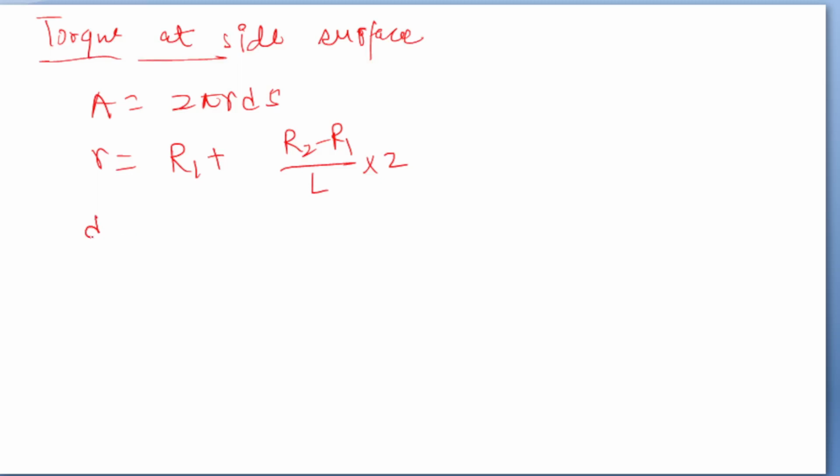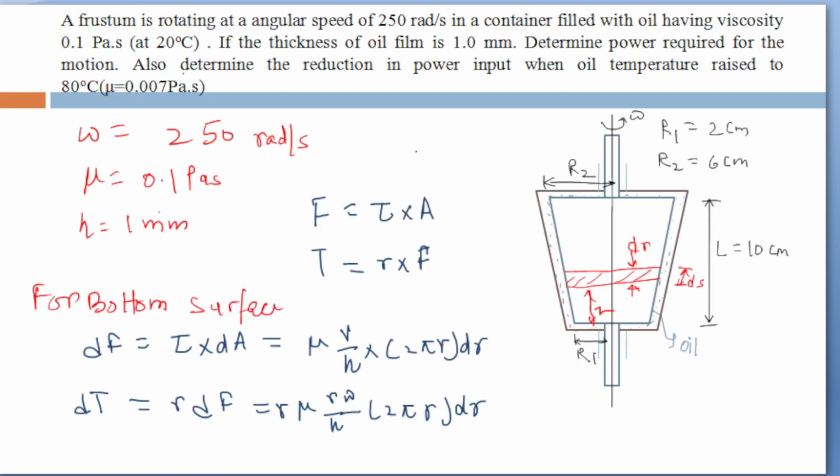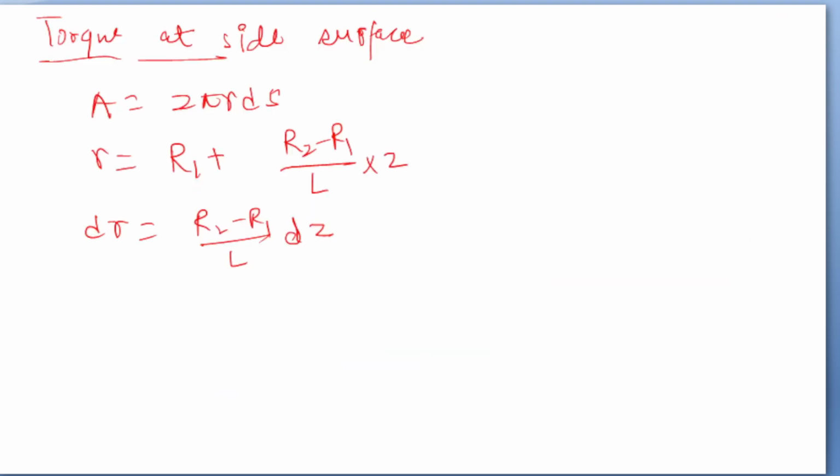If we differentiate it, dr is (r2 minus r1) by l into dz.